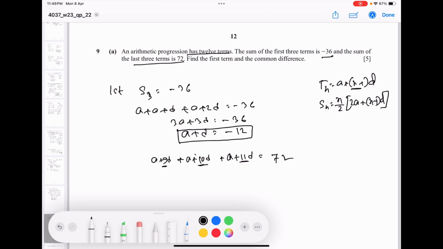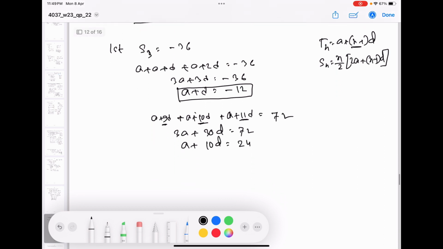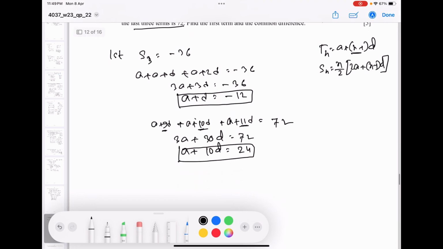Now simplify: 3a plus 30d equals 72. Now a plus 10d equals 24.